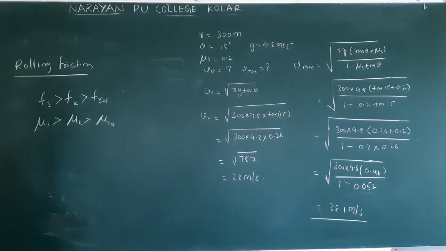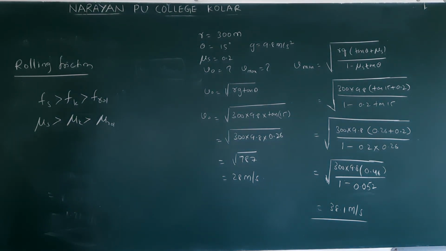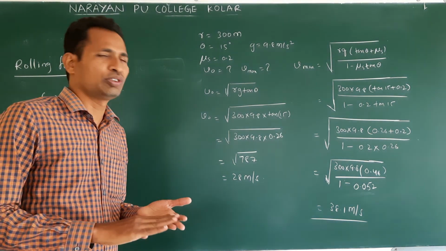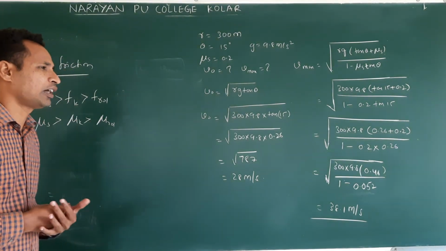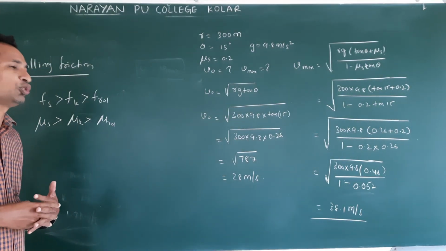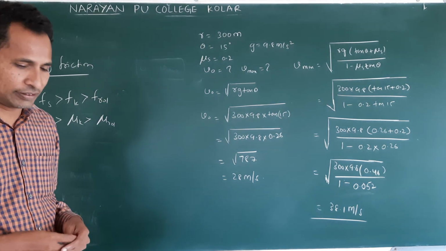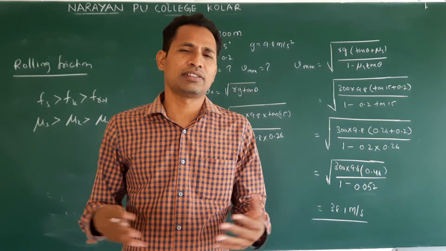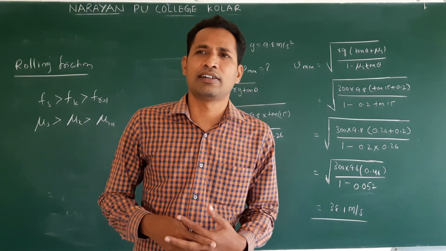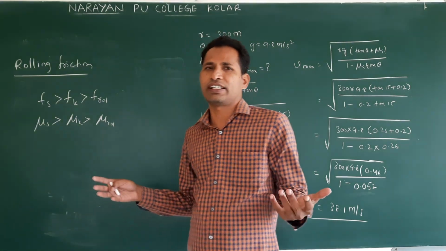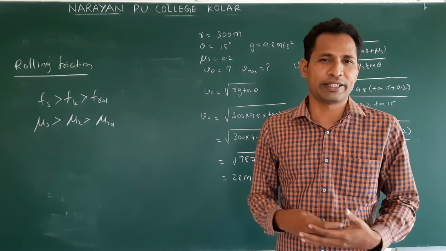How to reduce this friction? We have different methods. One is polishing, smoothing the surfaces. By smoothing surfaces, we can reduce the friction. Next one, using oils, which we call lubricants. In our vehicle engines, after traveling 2,500 or 3,000 kilometers, we change the lubricants.